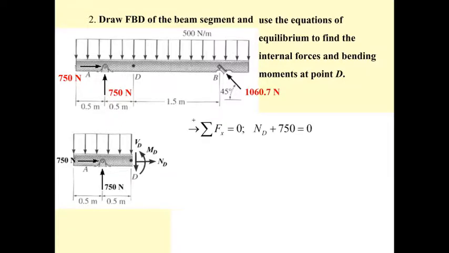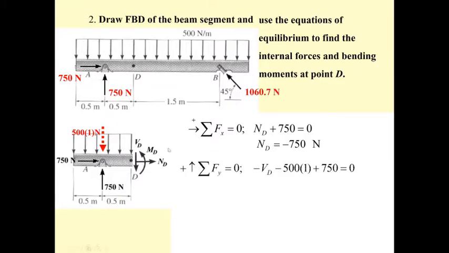Being in equilibrium, your summation of F sub x equal to 0. N sub D is plus, and 750 is also plus. So N sub D actually has the opposite direction to what you assumed here, so N sub D is compression. Then if you take summation of F sub y equal to 0, V sub D is downward, so it's negative.